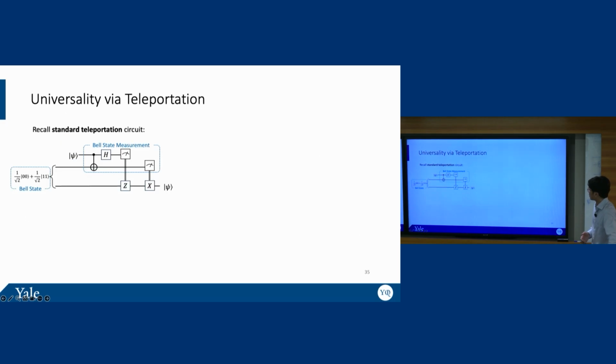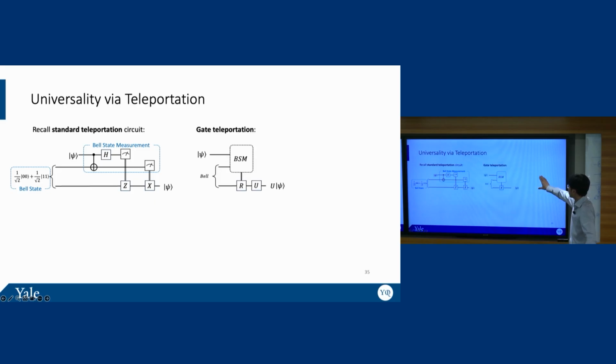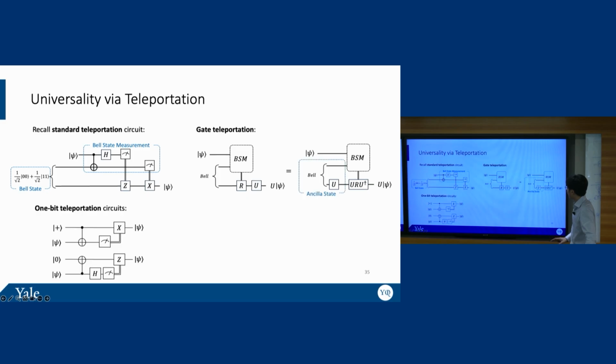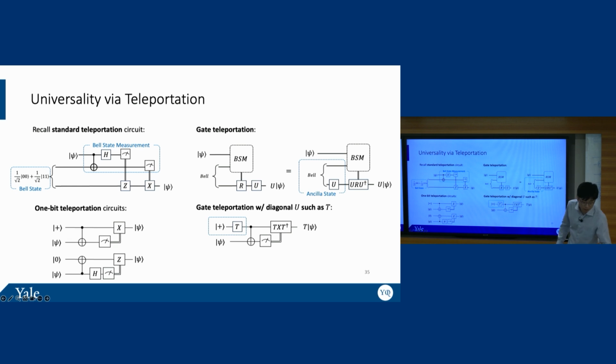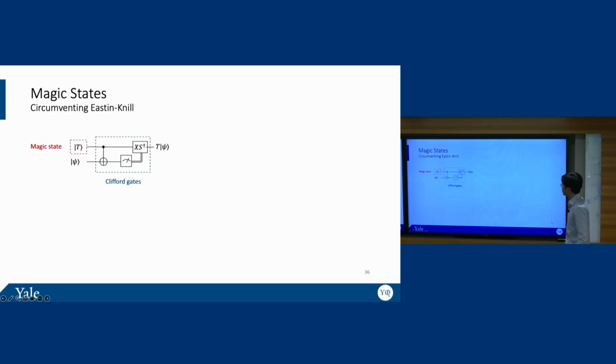I'm not going to talk too much in detail, but the idea to circumvent this for non-Clifford gate implementation is through teleportation. The takeaway is that you can construct a Clifford circuit that you know how to implement fault-tolerantly with transversal operations, plus some initial quantum states that we call magic states.